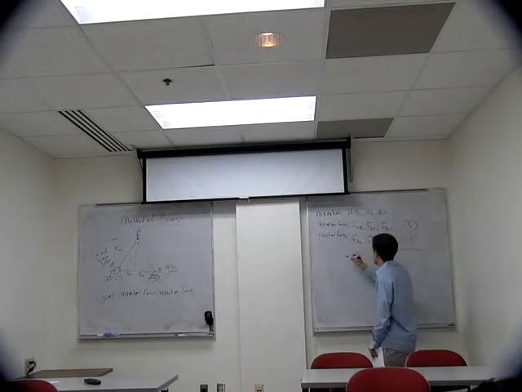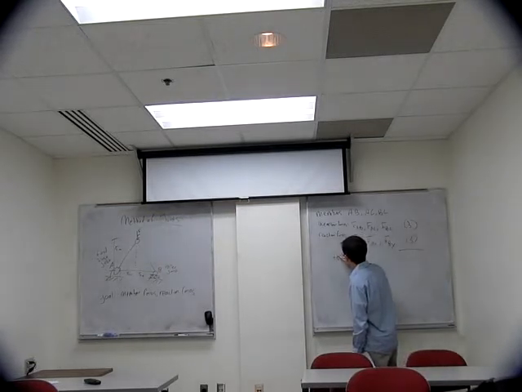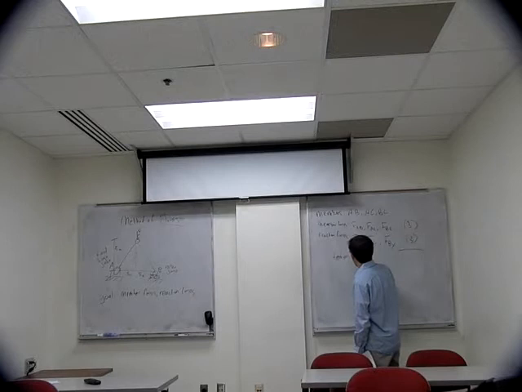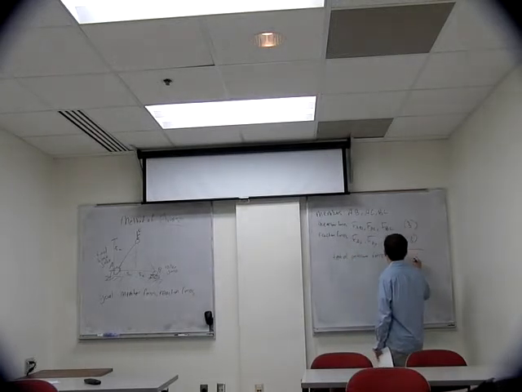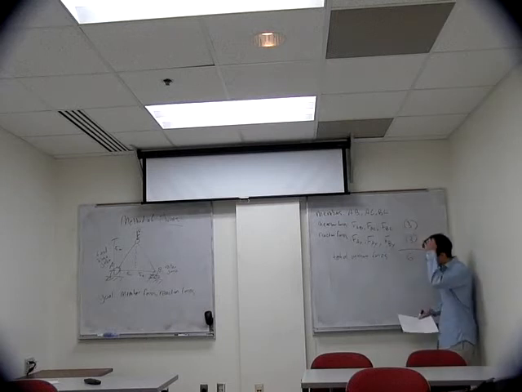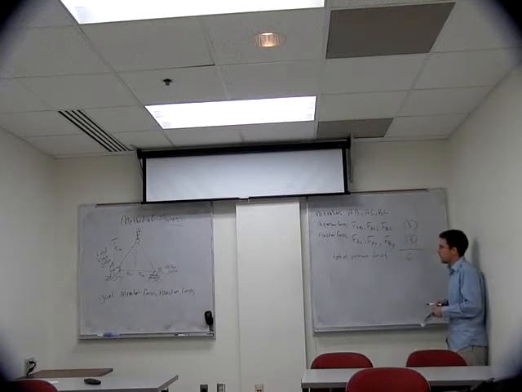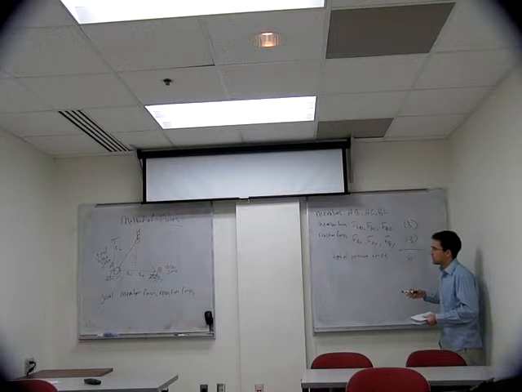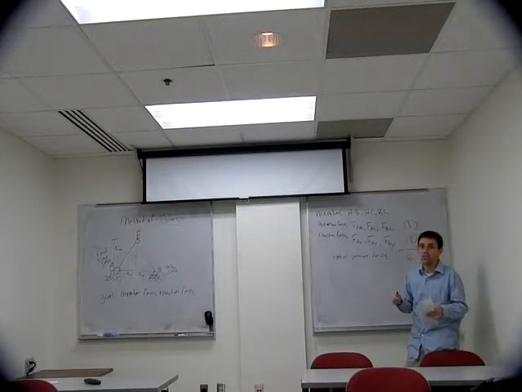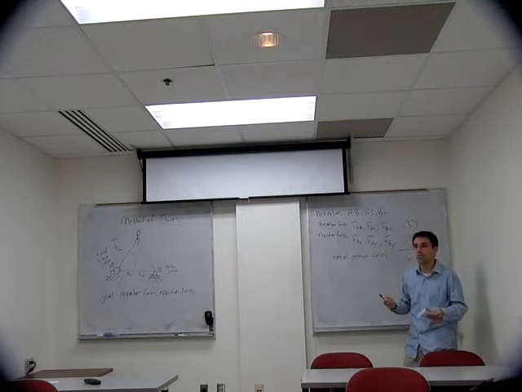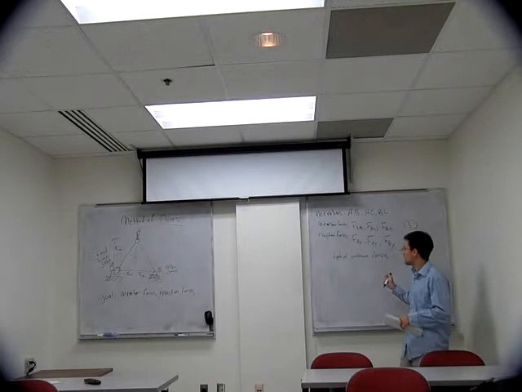So the total unknown forces is 6. This means that we will need to generate at least 6 equations so that we can actually determine what all of these unknowns are.